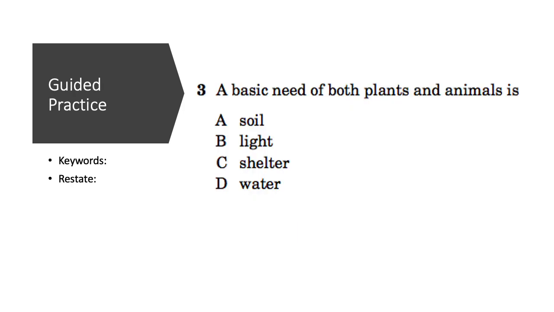So now that you've seen me go through and do one, let's try one together. I'm going to read you the question, then you are going to pause the video, write down the keywords, and write your restated question in your own words using the keywords or the definitions of those keywords. When you're done, unpause the video and you'll be able to see the answer on the next slide.